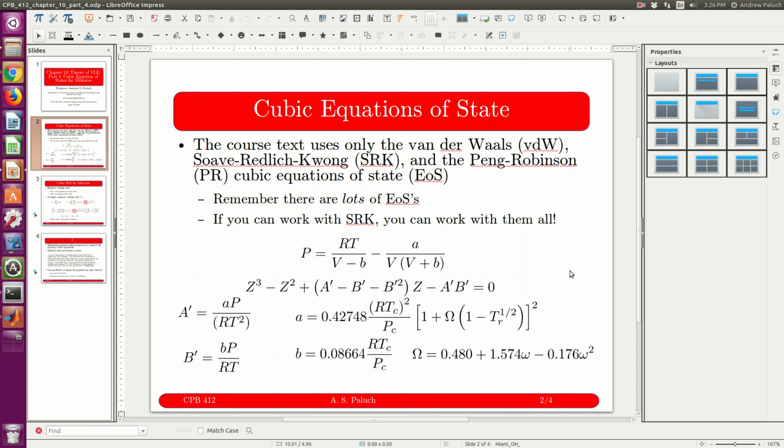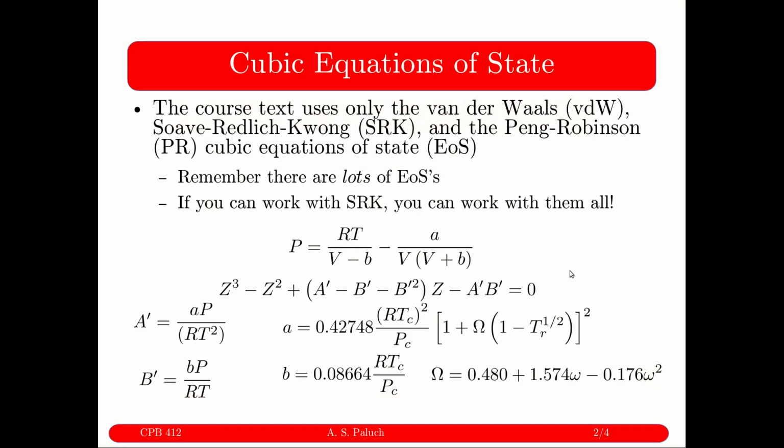Okay, and so before we jump in and I demonstrate how to use the MATLAB code and make some predictions, I just wanted to touch base again on cubic equations of state and extending them to mixtures to put things into perspective. Okay, and so this slide just contains our SRK equation of state as we first saw it back in chapter 2.